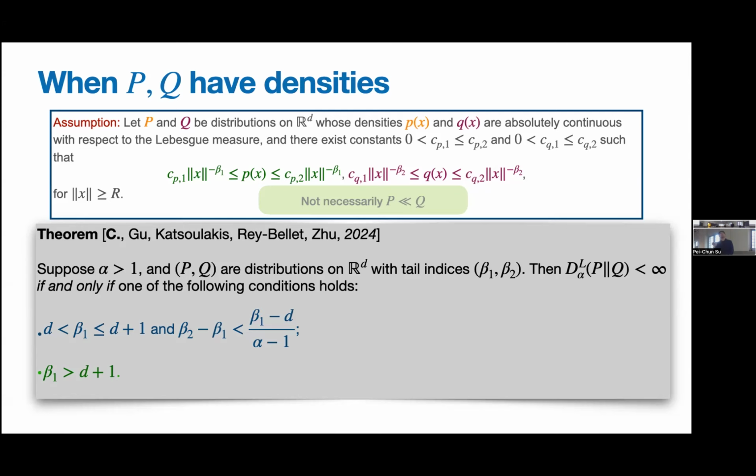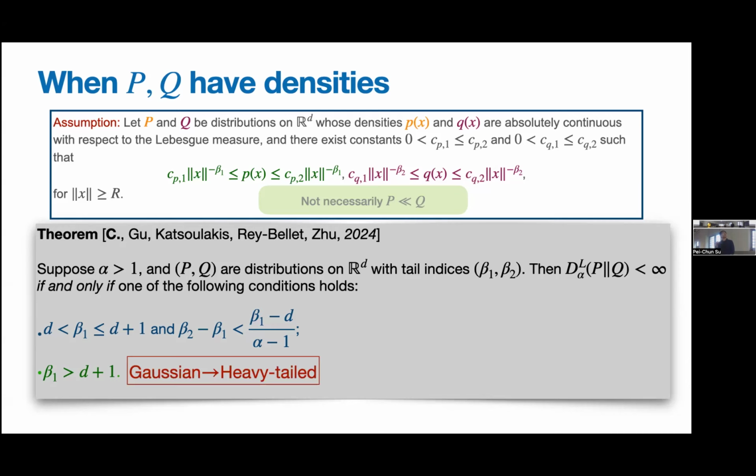Then the divergence is always finite if and only if one of the following two conditions holds. This reflects the interplay between beta 1, beta 2, the dimension d, and alpha. In particular, in the second case, the only requirement is that beta 1 should be greater than d plus 1. That is when you have a finite first moment for P, right?